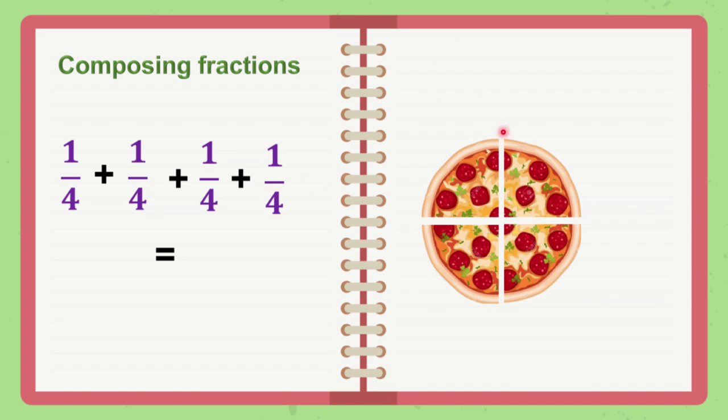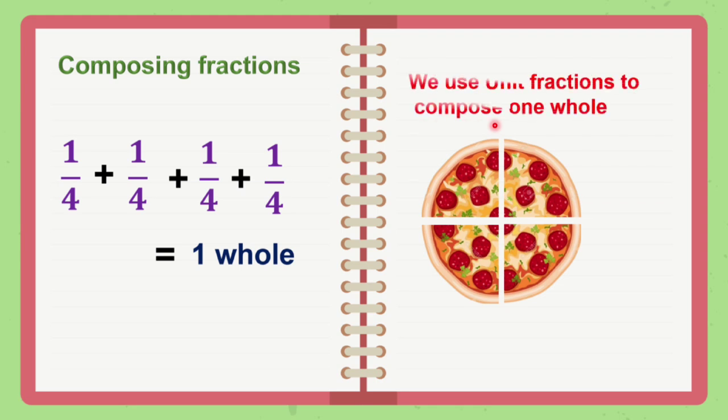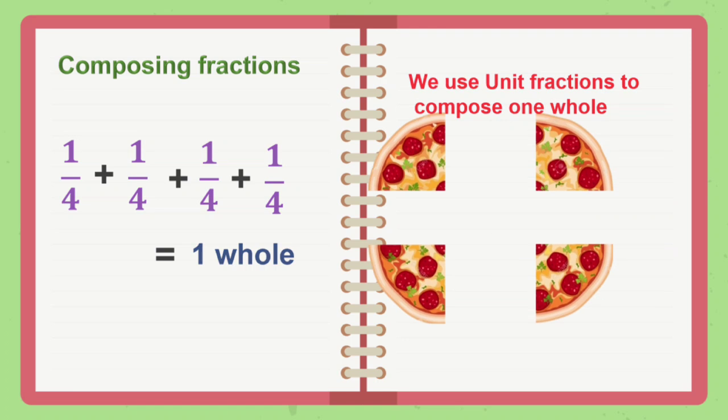And as we see in the picture, we rebuild or compose a whole pizza, right? So 4/4 equals one whole. So in this case, we use unit fractions to compose one whole.